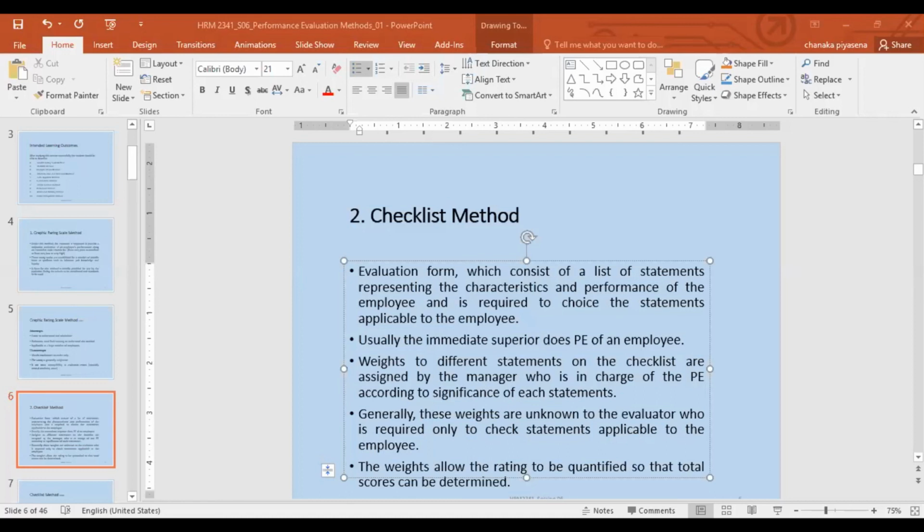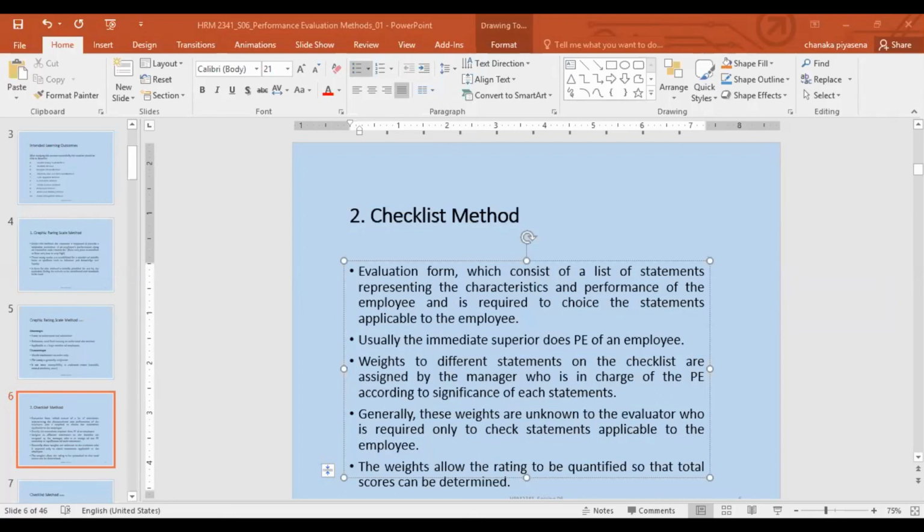Now the secondary role of the HR department is the weighted system. This part does not appear in the performance evaluation form when the evaluator fills it in, but there is a weighted system.